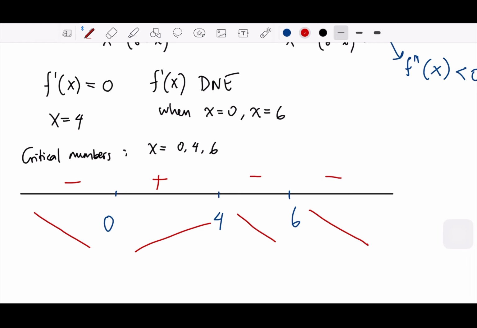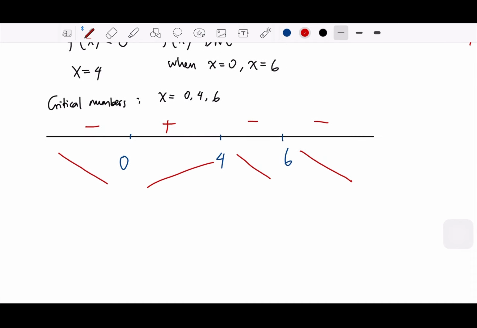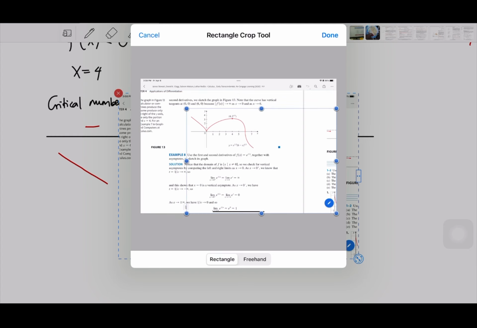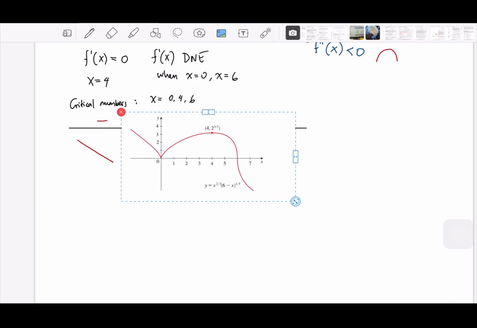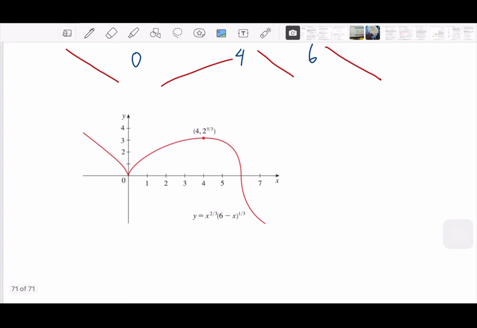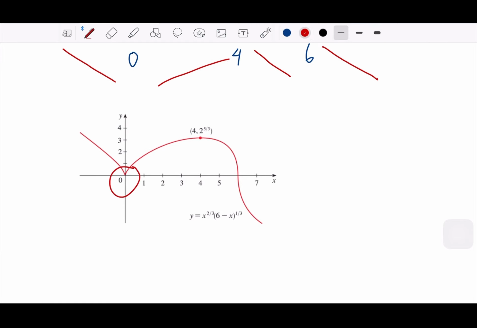But when you check with the computer or some graphic calculators, you will see that it's actually not this. It's true that it's a minimum, but it will actually have a sharp point like this.